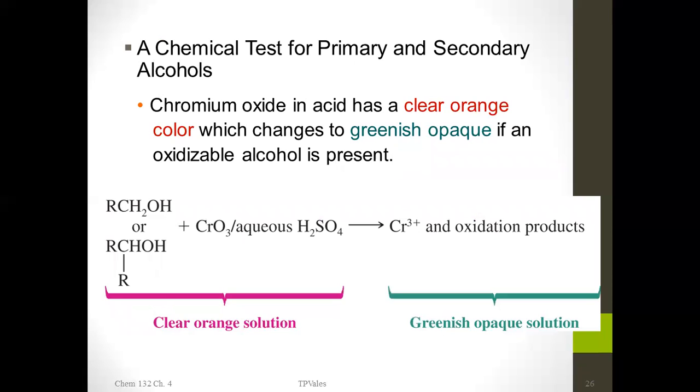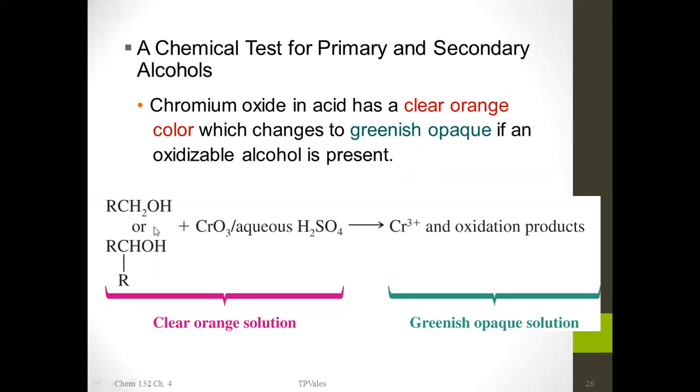Therefore, there is a chemical test for primary and secondary alcohols. We call that one a chromium test. We use chromium oxide in acid, which has a clear orange color, but when it is being reduced, you can see a green color. So here you can see the oxidation state in this kind of reaction.